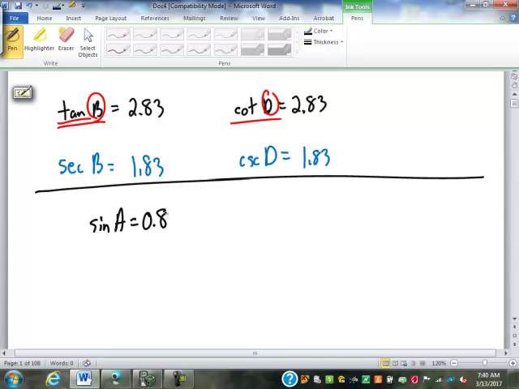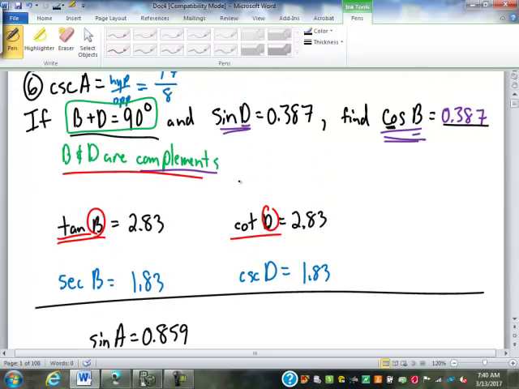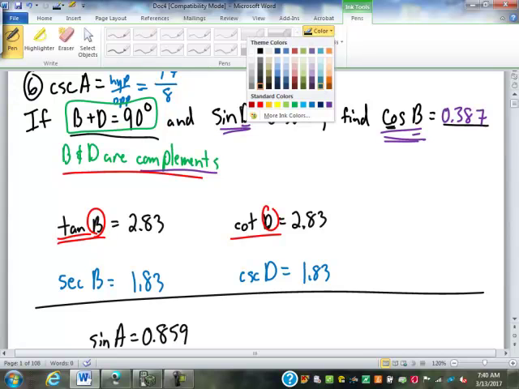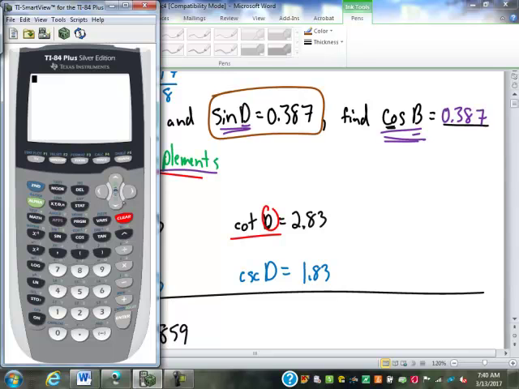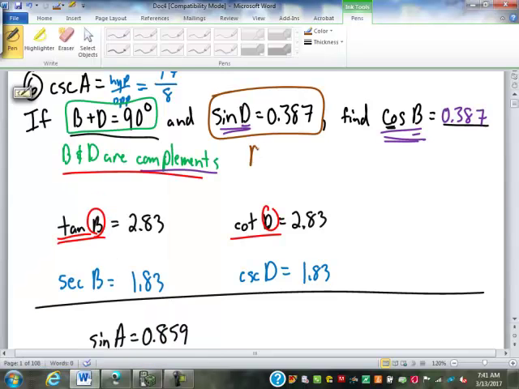How do we make that a problem if we don't remember that? Or just to prove that that's true, what you could always do if you were really stumped here. Okay, sine of D is 0.387. So you could do second sine 0.387 and get, okay, D is 22.77, right?